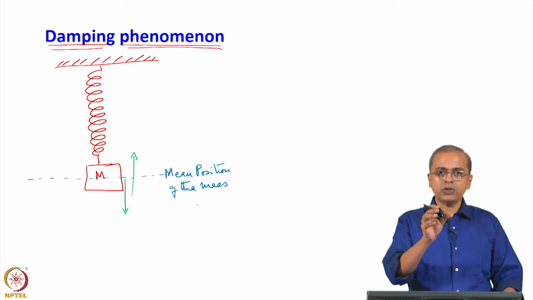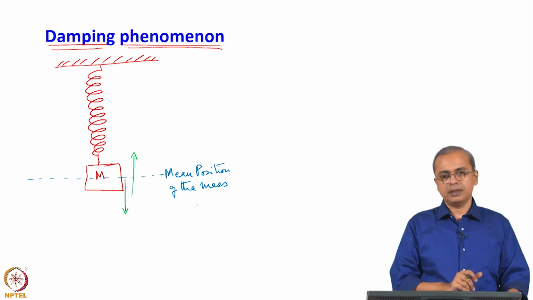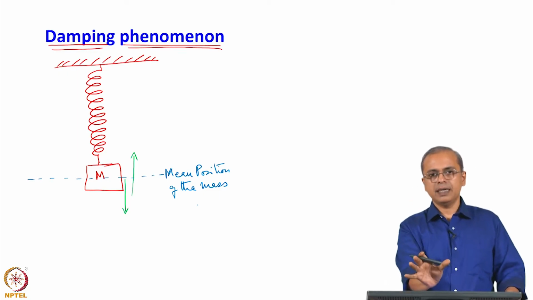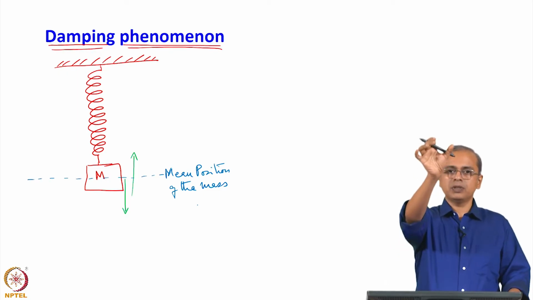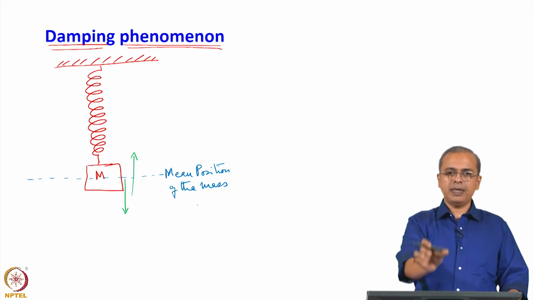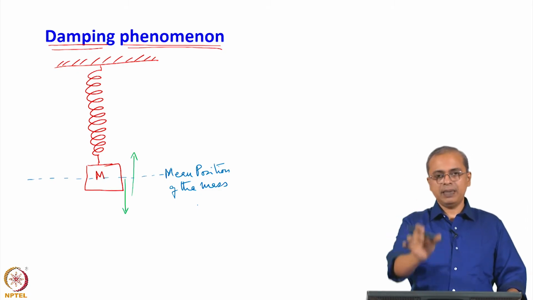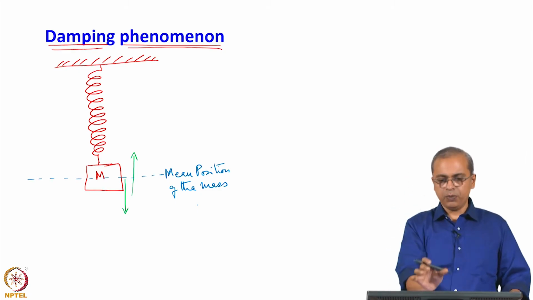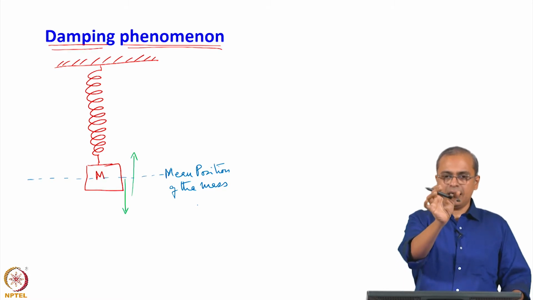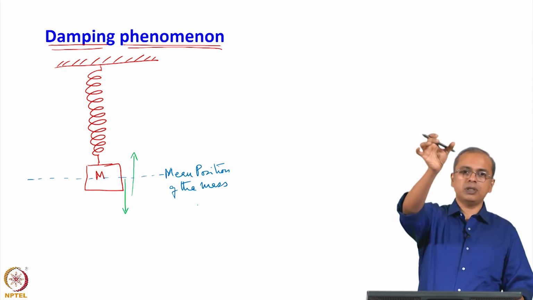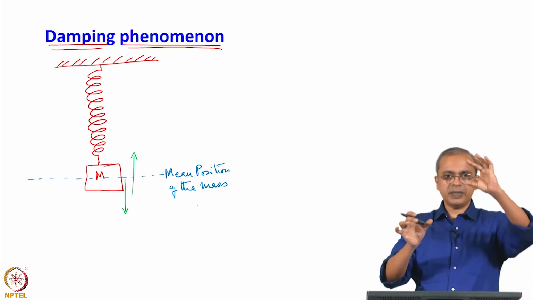Our most common experience of this kind of situation is you pull it below the mean position and release it. It will go above the mean position, below the mean position, and it will keep vibrating back and forth about that mean position. Okay, overshooting. It pulled down, it tries to come back, it comes back, but it overshoots and goes in the opposite direction. So it causes a compression of the spring.